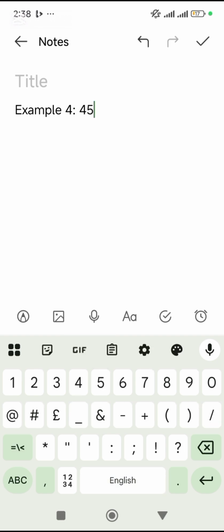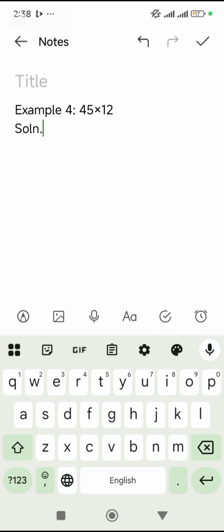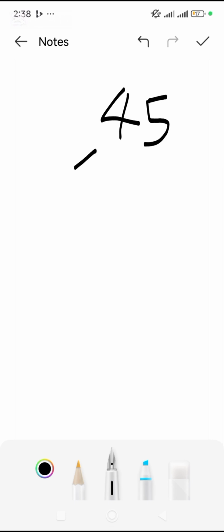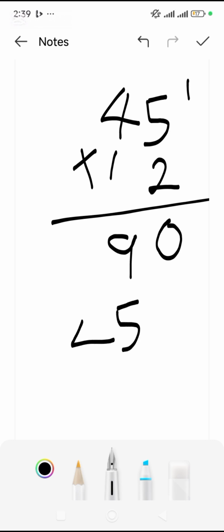Say 45 times 12. Solution. 45 times 12. 2 times 5 is 10, we write 0, carry 1. 2 times 4 is 8, plus 1 is 9. 1 times 5 is 5. 1 times 4 is 4.